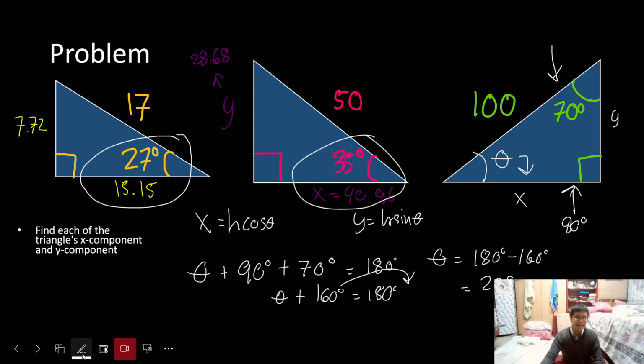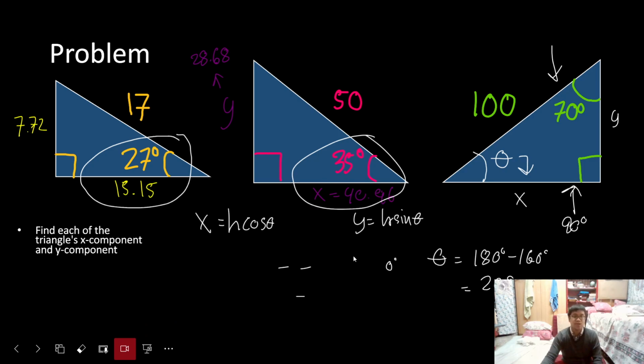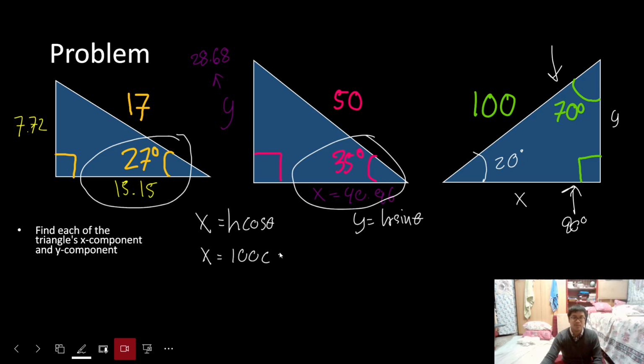So therefore, the missing angle beside the x is 20 degrees. Let me just erase this one. So this is 20 degrees. Let's substitute: x is equal to your hypotenuse, 100 times cosine of 20 degrees.